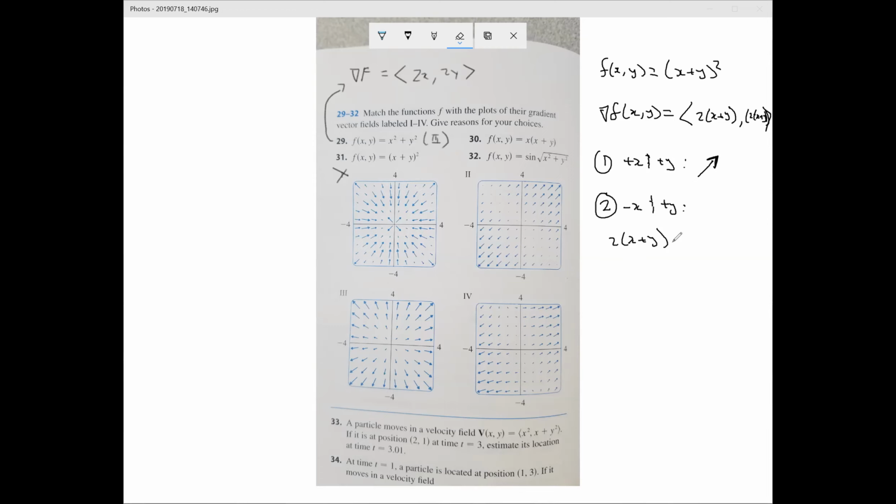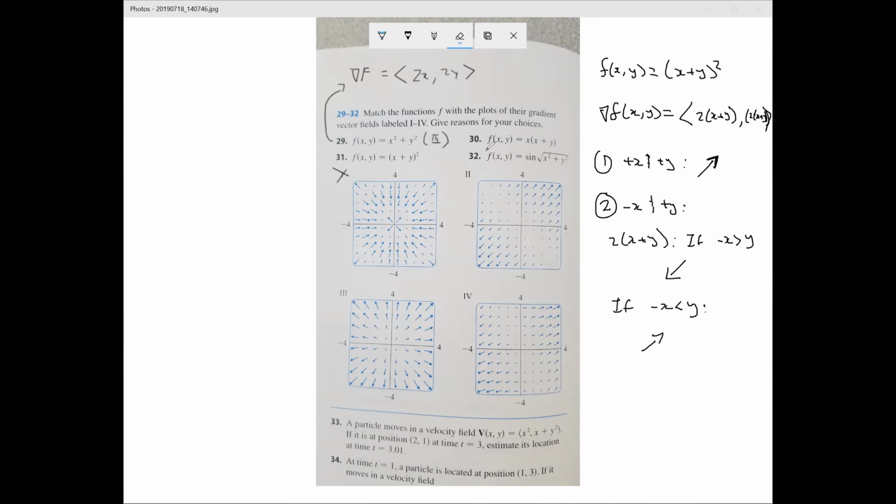So based off this, if negative x is greater than y, we have the vector pointing in this way. However, if negative x is less than y, the values for the x component and the y component of the vector field are going to be positive, so the vector is going to point upwards.